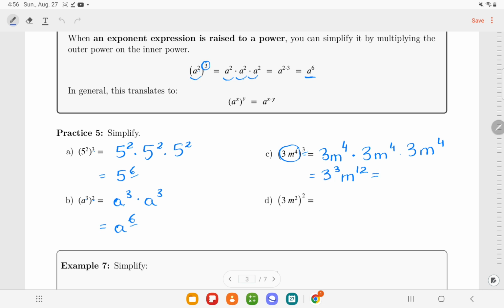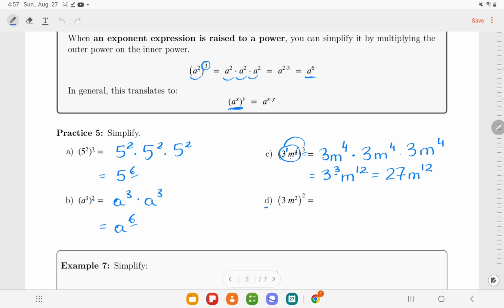We can again rewrite 3 cubed as 27, m to exponent 12. If we do it the other way, we see that 3 has exponent 1. 1 times 3 is 3. And m has exponent 4. 4 times 3 is 12.